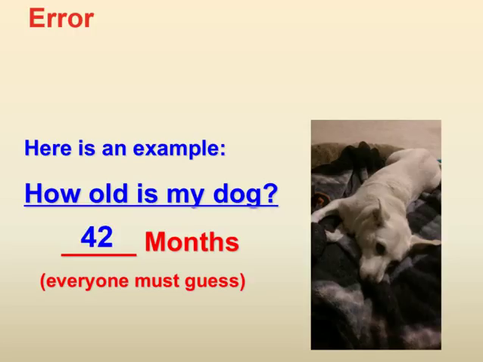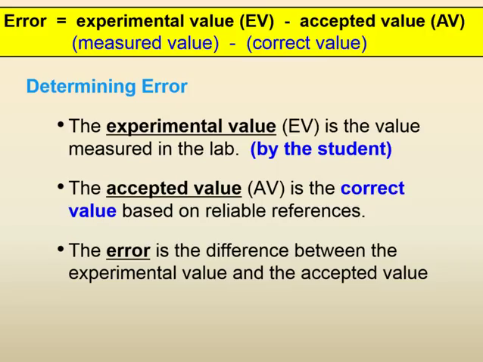All right, and we're going to use this value, 42 months, and whatever value you guessed in your own head to go through and talk about error and percent error. So error, I'm sure you're pretty familiar with this idea already. You take your experimental value, that's whatever you just measured, or in this case with Cora and her age, whatever you guessed was her age.